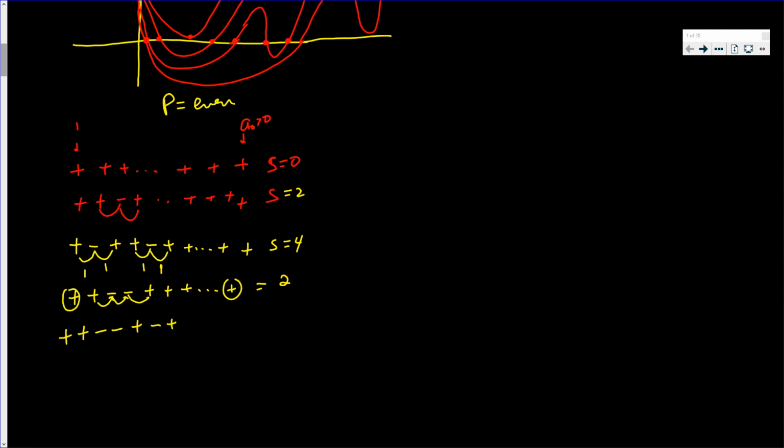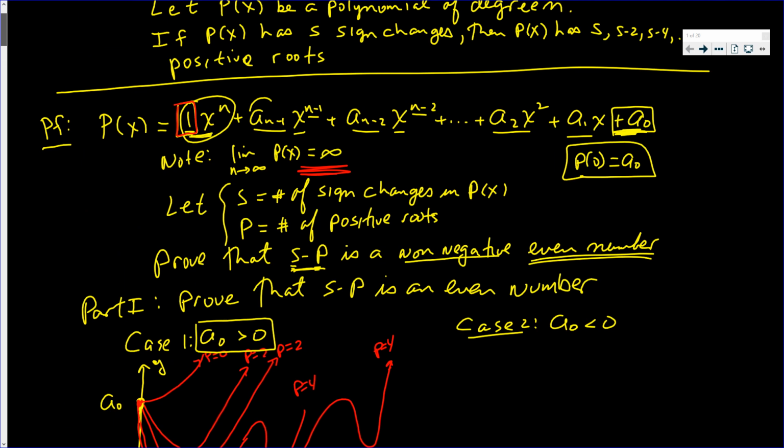Every time I add one more, we're going to have 1 and 2 like we had above, but then we have 1, 2 more. S is going to be 4. Okay, so what we have is that S will be even. So then S minus P, an even minus an even, will be even. So the number of sign changes minus the number of positive roots, if a sub 0 is positive, must be even.